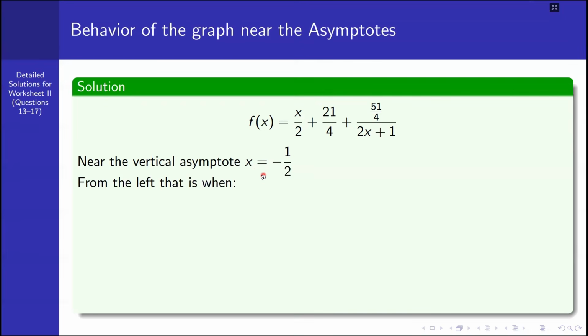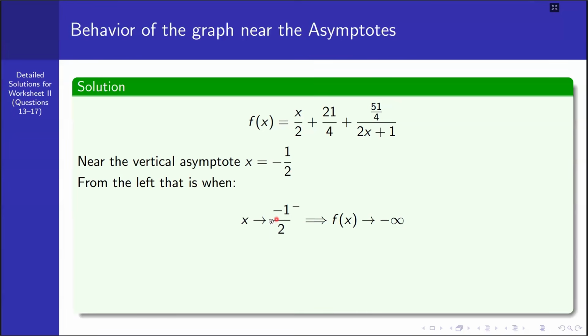For example, from the left side, that means when x approaches -1 over 2 from the left side, 2x plus 1 will approach 0 from the negative side, so that it tends to be negative. A constant divided by a very small negative number closer to 0 from the left side is a negative number very large in absolute value, so that f of x will tend to negative infinity.